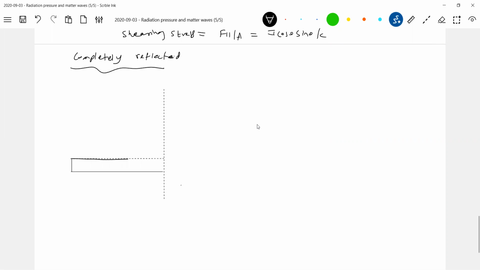So there's a surface, there's an incident beam, there's a lambda, there's the intensity of the beam. This is again that given surface.